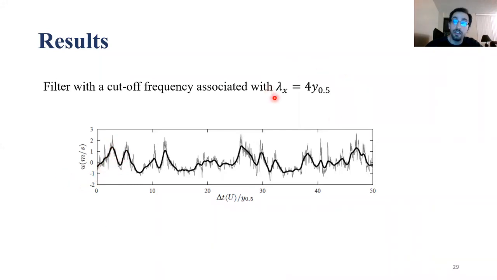In this filter, we have used this wavelength as a corner frequency on the time series. So we're going to use these filtered velocity signals to look at the configuration of the VLSMs in the jet flows.